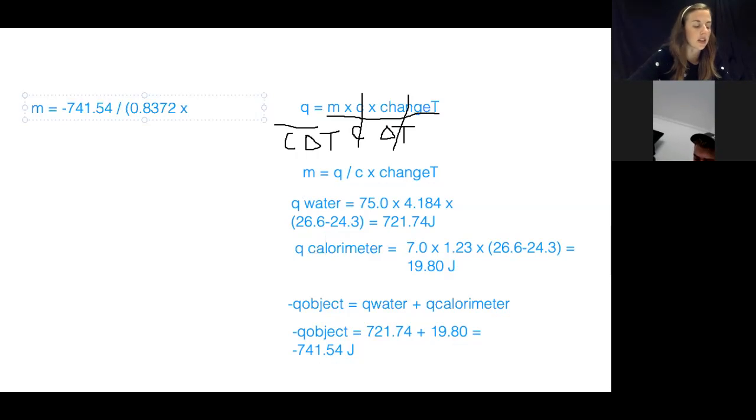And you have to remember that your change in temperature for your object is going to be different than for your water because the object is starting at 90 degrees Celsius and ending up at 26.6. So a new set of parentheses, your final temperature minus your initial temperature.